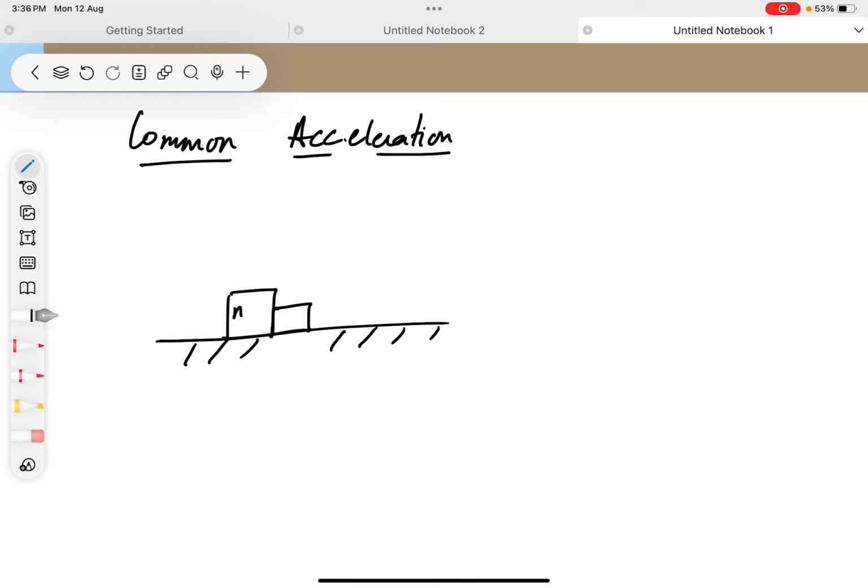If we apply a force F on this particular block, then this system made up of these two blocks will have the same amount of acceleration. Whatever is the increase in the velocity of the first block per unit time will also be the same as the increase in the velocity of the second block, because they are always in contact, and therefore they come under this common acceleration system.